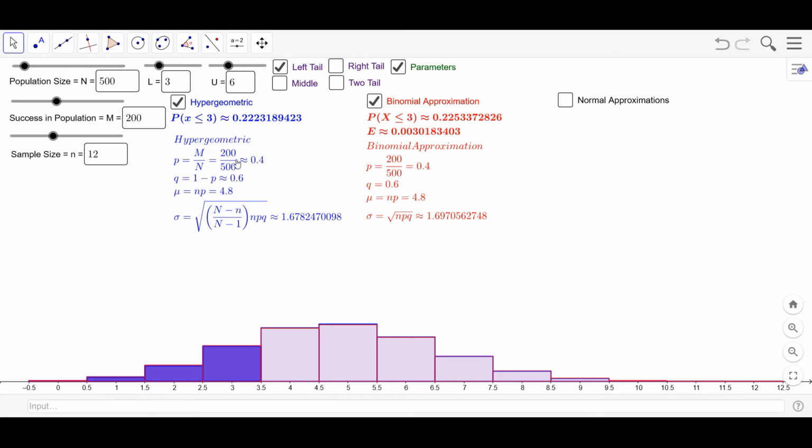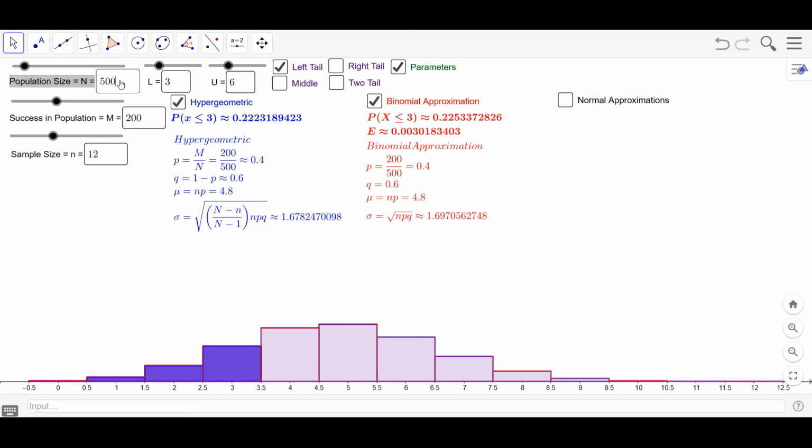On the hypergeometric, the probability of success the first time is 0.4, same way on the binomial. On a binomial, the next time, the probability is still 0.4 because you're putting it back. Well, if you don't put it back, let's say you got a success the first time. The probability of success the second time is 199 over 499. That's very close to 200 over 500.